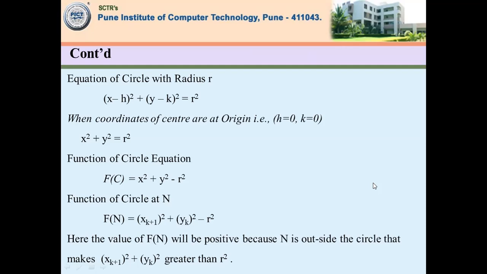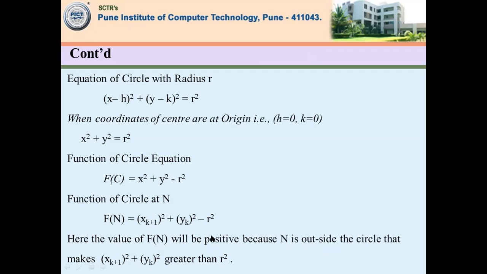If you got fn, that is the function of n over here, it will be positive because n is outside the circle, which means the value is greater than r square. Definitely, if this value is greater than r square and you subtract r square from it, you will get the positive value only. You are not going to get a negative value over here.